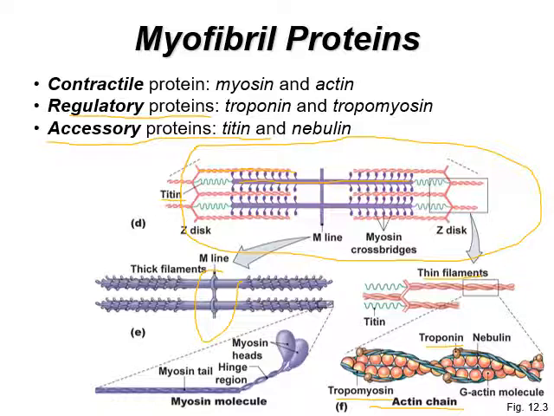Then down here you can see our nebulin. The nebulin is this guy here, right through the middle, and it gives the structure, or the bones, for the actin filaments.